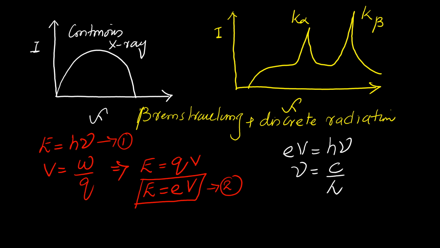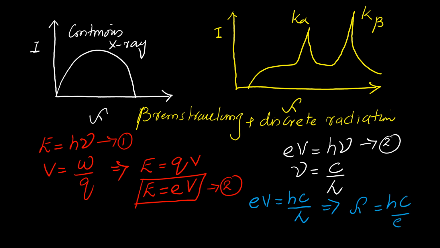If nu is equal to c by lambda, this equation number 2 will become eV is equal to hc divided by lambda, and lambda will be equal to hc divided by eV.